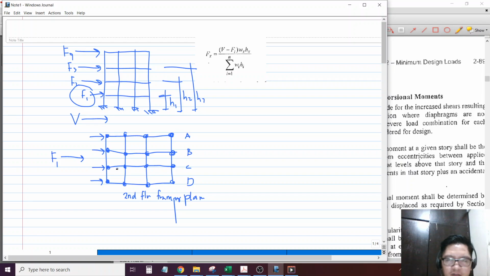So for example, very rough estimate, ang na-compute nating F1 is 400 kilonewton.